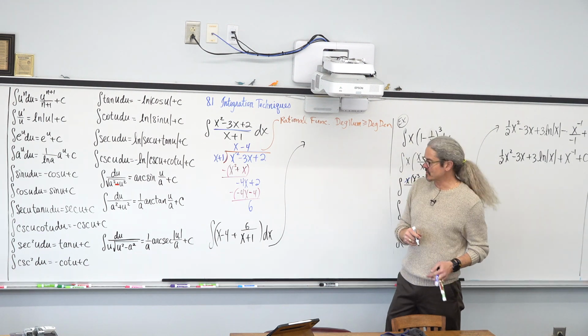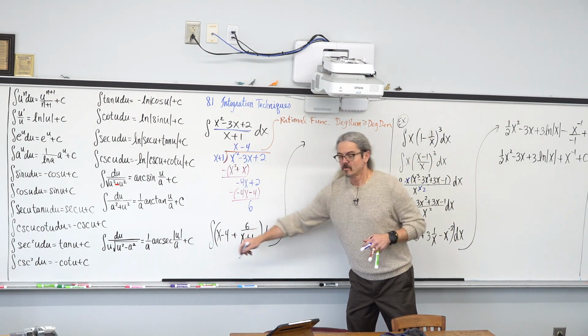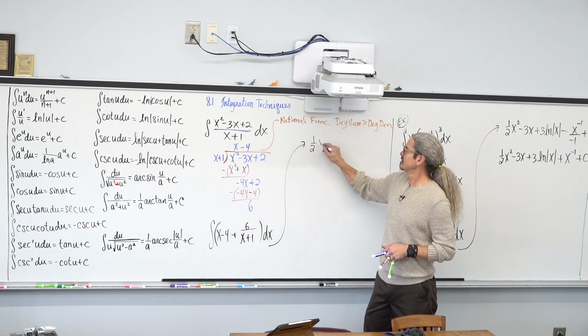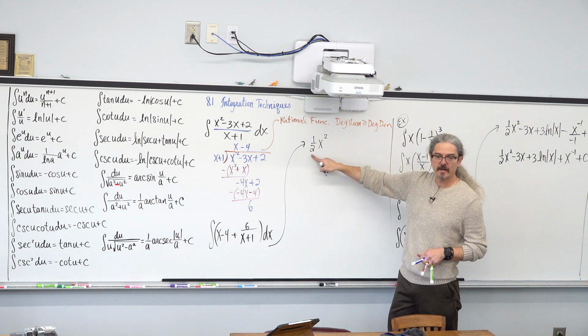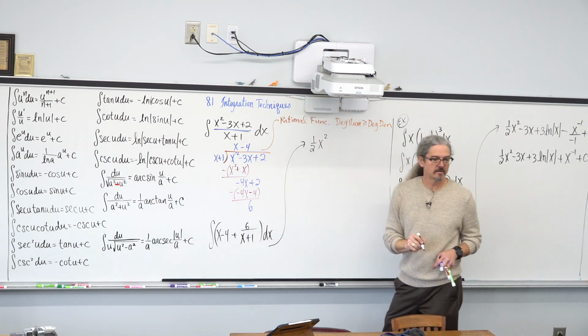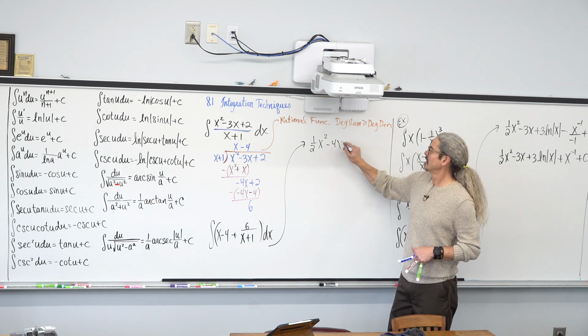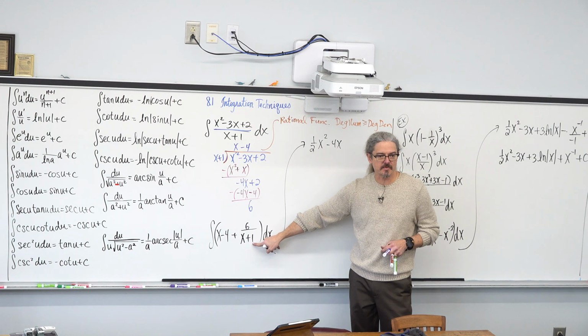We've done a lot of integration, so I'm not going to separate this out now. What is the integral of x? 1/2 x squared, right? You take the power, increase it by 1, and then divide. What is the integral of negative 4 with respect to x? Negative 4x. And then the denominator is x plus 1.